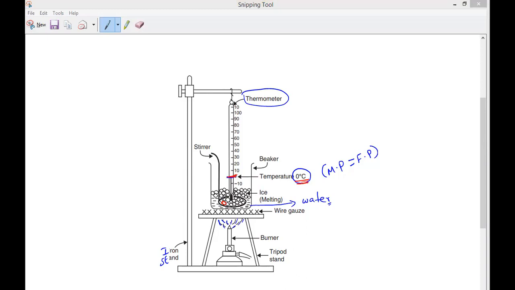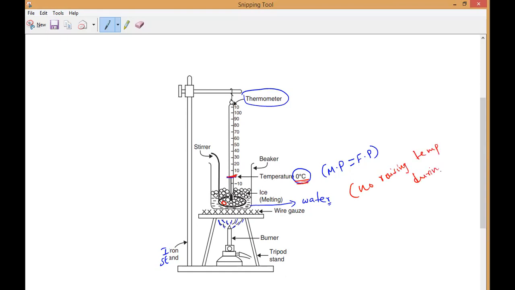At a particular temperature only, complete melting will take place. So from that we can conclude: there is no rise in temperature during the melting of ice.